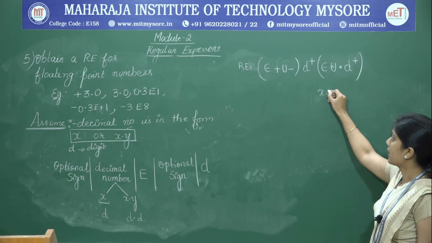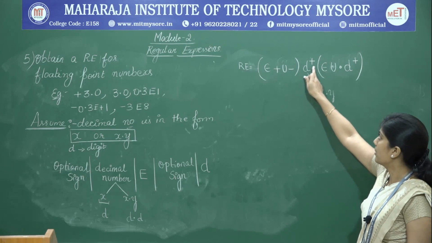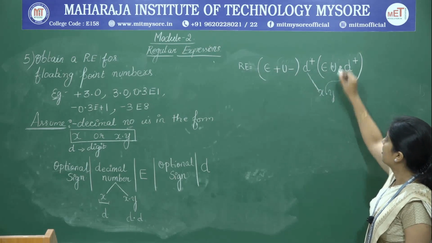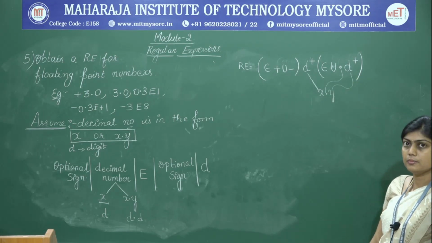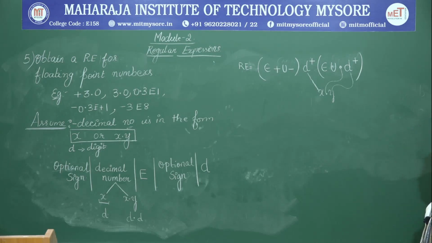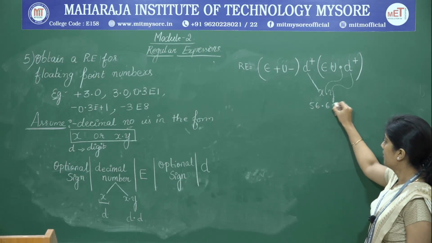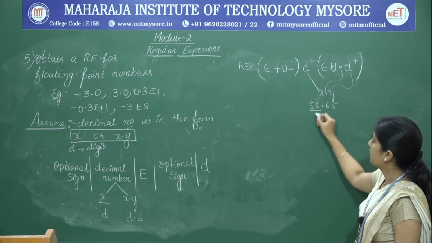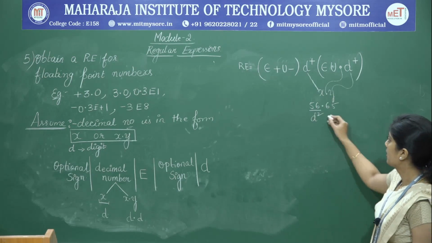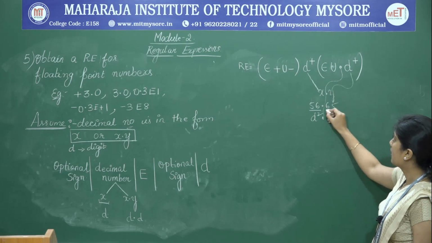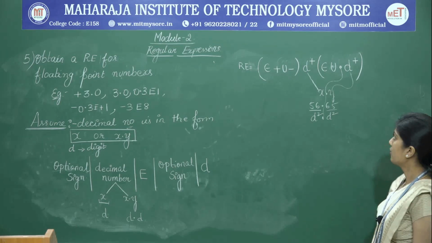Suppose it is in the form of x dot y, I will be placing x from the first d plus, then I will be picking up the dot from here, and then I will be picking up y from here. That is what we mean. For example, x can be 56.65. In this case 56 is d plus, acting as d square, so two symbols are there for d plus. Then we pick up the dot as it is, and then again this d plus is nothing but d square. That is how we are going to interpret each one of them.